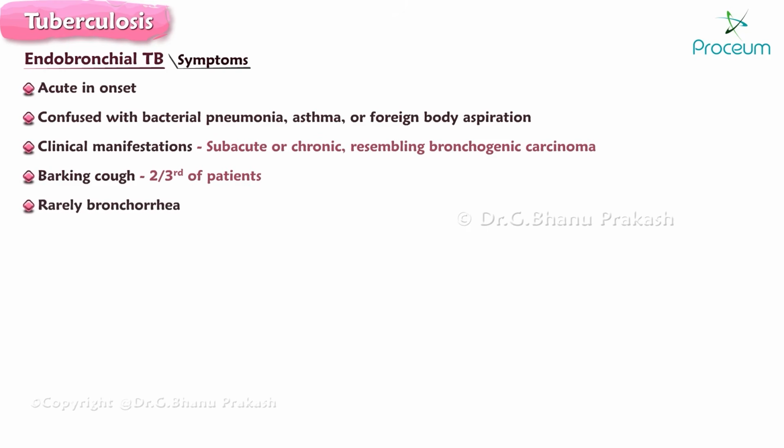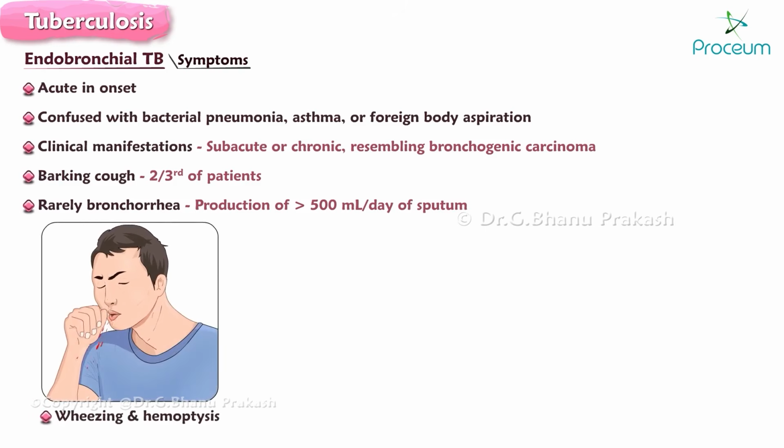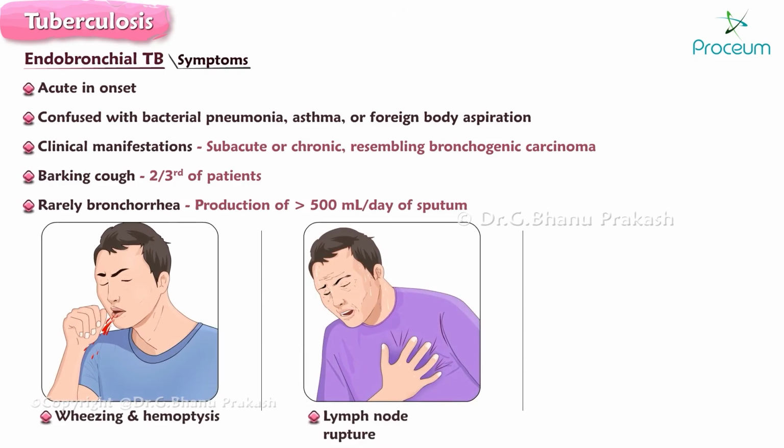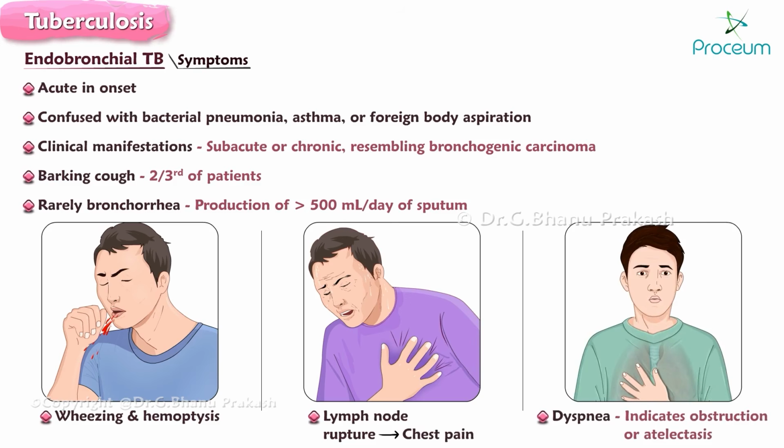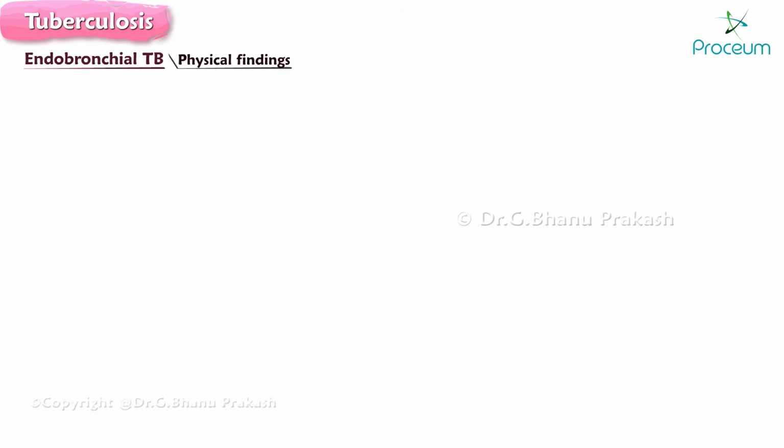Rarely do patients develop so-called bronchorrhea, which is the production of more than 500 milliliters per day of sputum. Wheezing and hemoptysis may also be observed. Lymph node rupture can be associated with chest pain. The presence of dyspnea may signal obstruction or atelectasis. Physical findings.